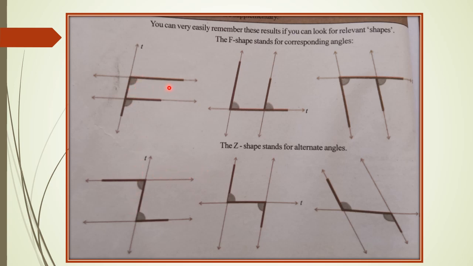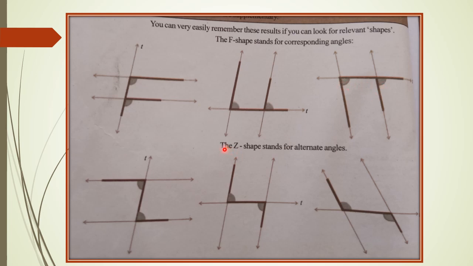And here see the F shape. The angles are corresponding angles. Here also you can see the dark line in the shape F. These two angles are corresponding angles. Here also you can have the F shape and these two angles are corresponding angles.